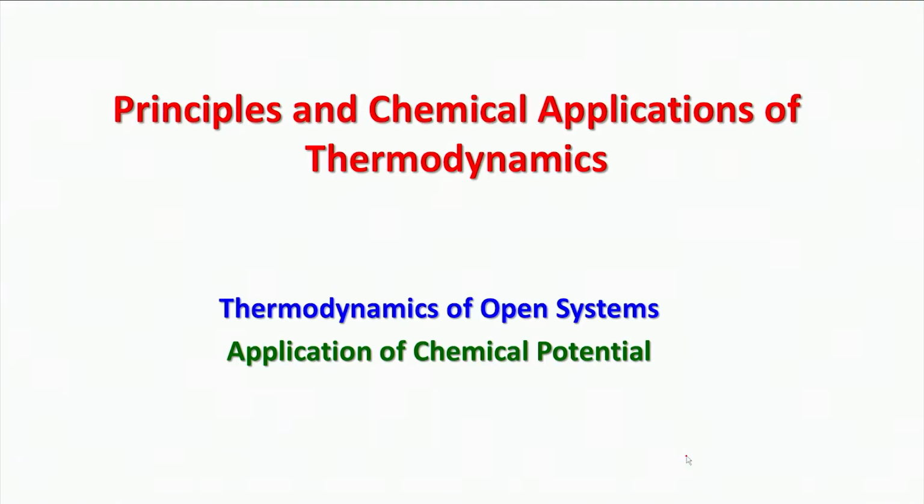Hello students, welcome back to the discussion of principles and chemical applications of thermodynamics, and here in this lecture I will continue our discussion on the application of chemical potential using the principles of thermodynamics of open systems.